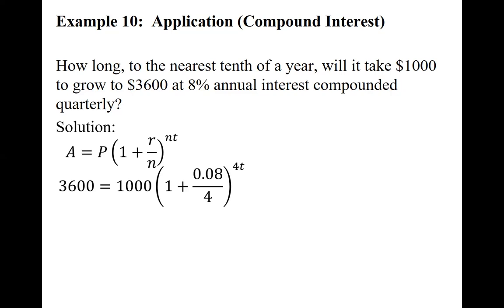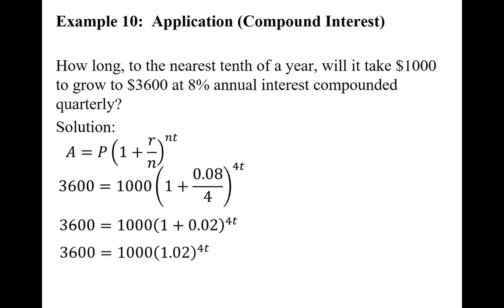So let's simplify. Inside the parentheses, 0.08 divided by 4 calculates to 0.02. 1 plus 0.02 is 1.02. We cannot multiply that by 1,000.